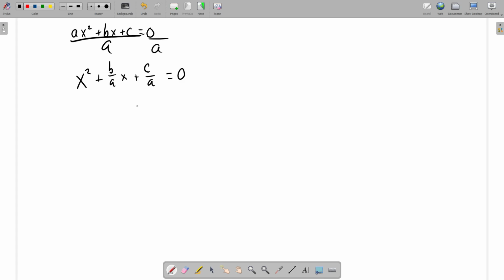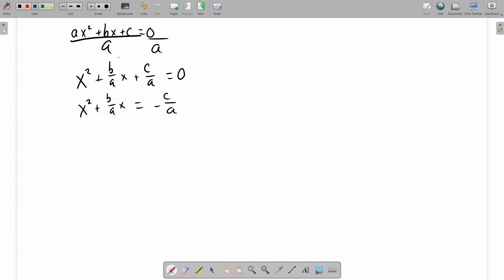Our next step is going to be moving the constant term, this c divided by a, over to the other side. So x squared plus b over a x equals negative c over a.